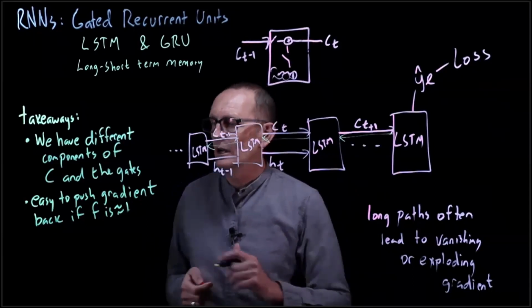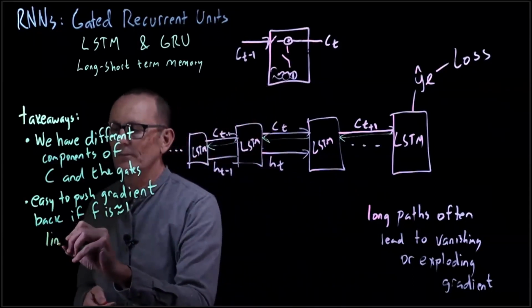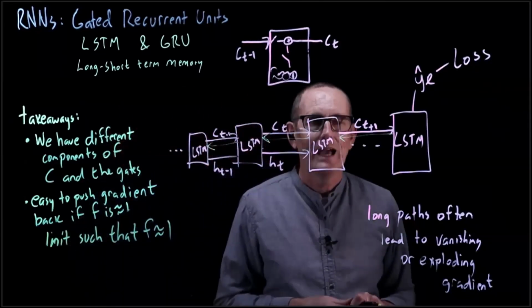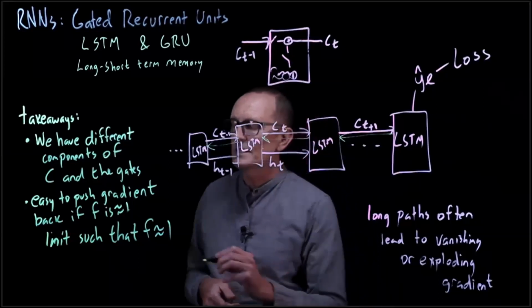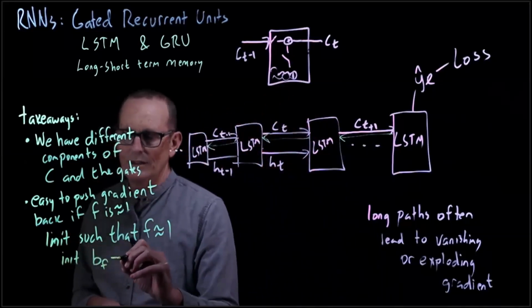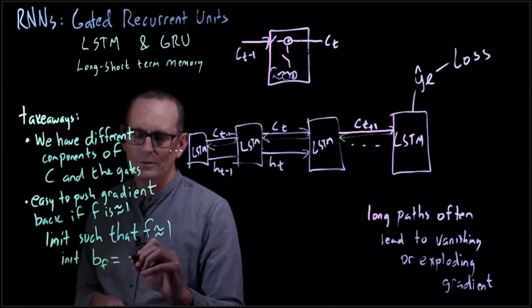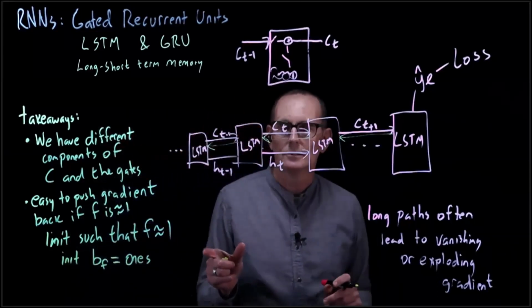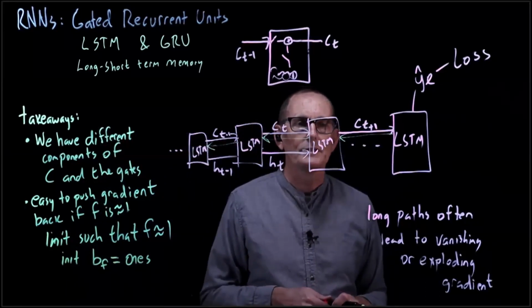So therefore, we want to initialize such that F is approximately 1. How might we do that? It's really pretty simple. Just set b sub F equal to, let's say, 1. It's a vector. We just set it to a vector of 1s.